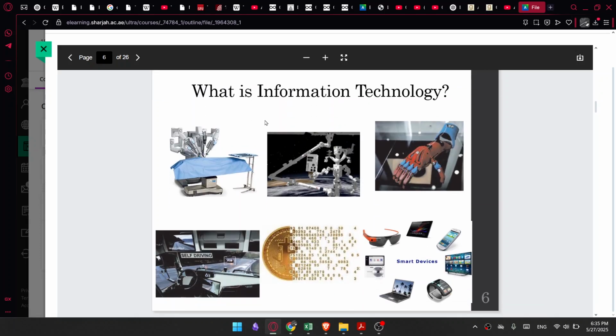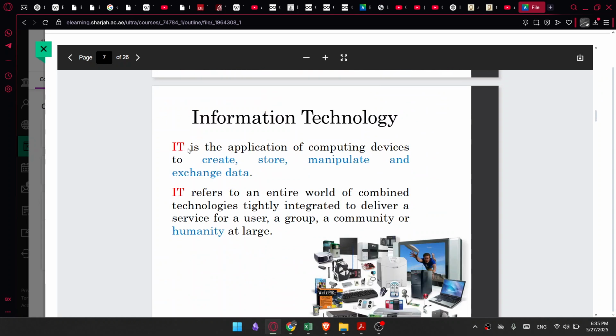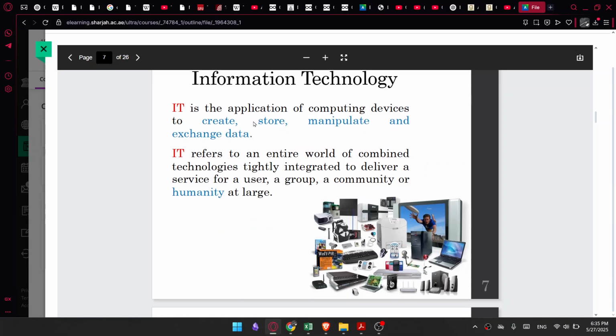So what is information technology? Here we have IT, which refers to information technology, is the application of computing devices to create data, store it, manipulate and exchange the data.